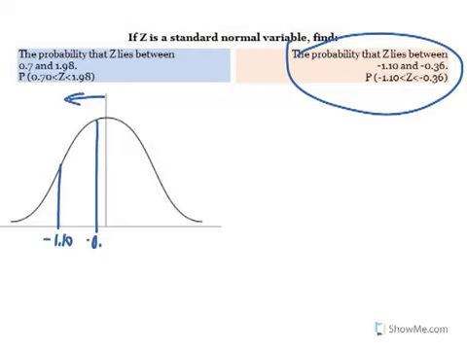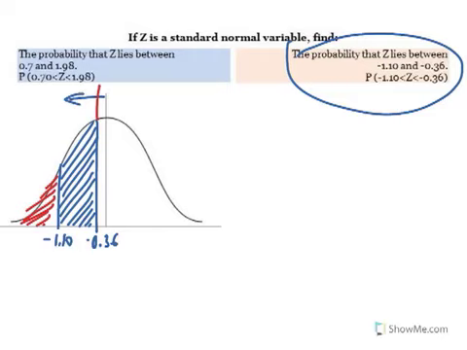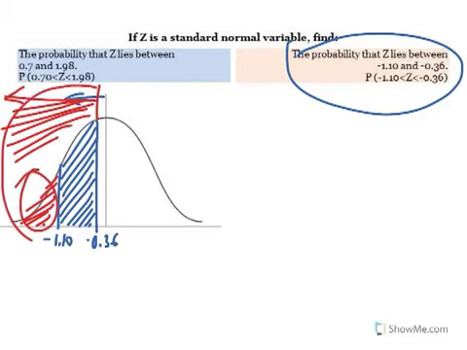So all we need now is this area that is bound by these two values. So how do we do this? Since table 3 gives us the cumulative area to the left, again we're going to find the area to the left of minus 1.10, find the area to the left of minus 0.36, and then subtract the smaller area from the larger area to find the area in the middle.